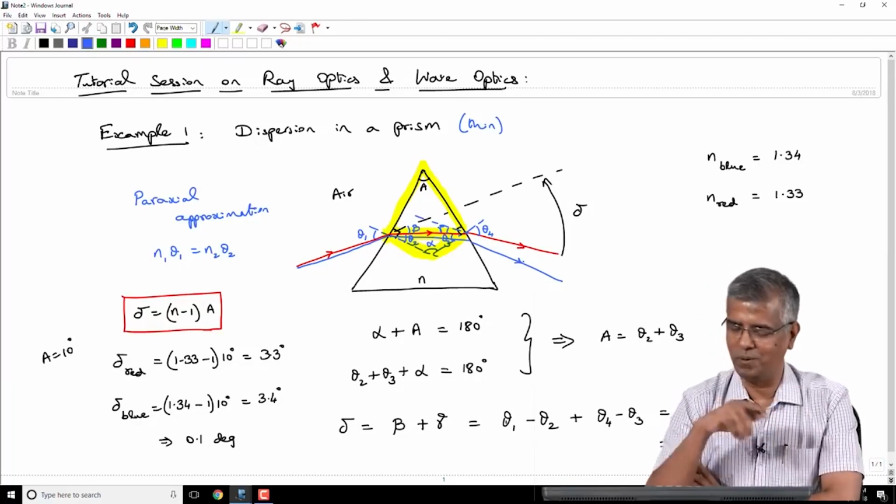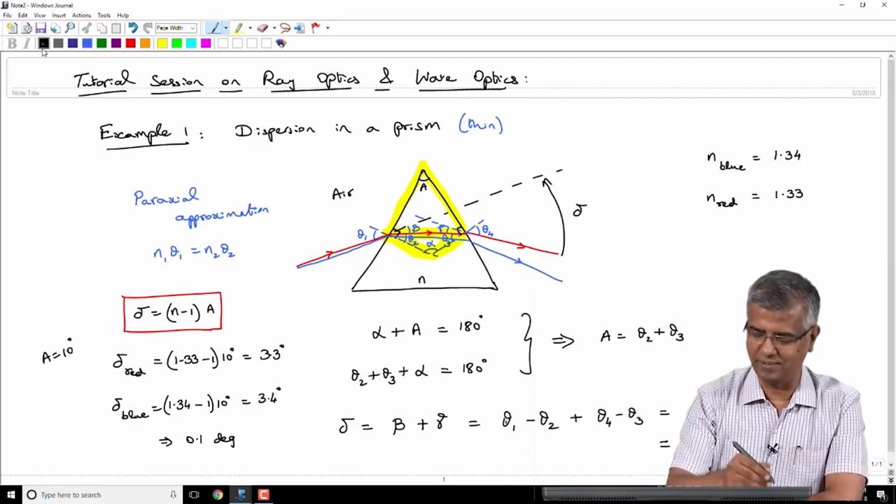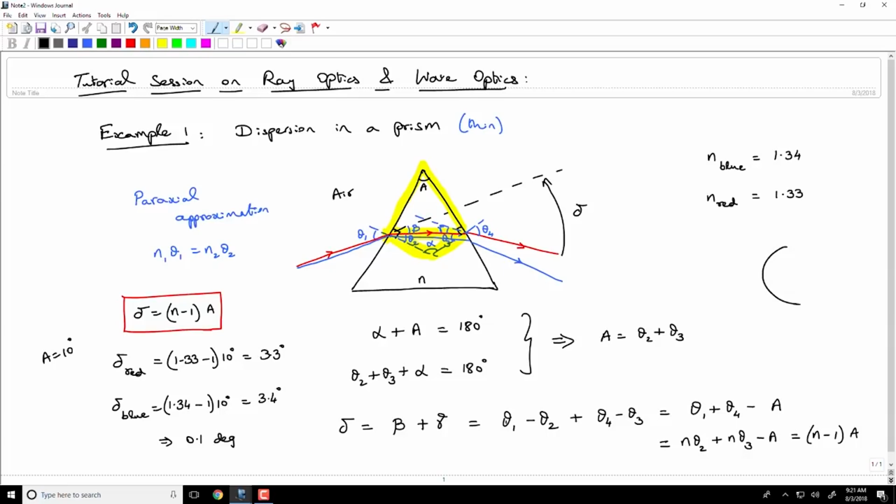To give you a feel for that, the rainbow happens because your water droplet is slightly spherical in shape, and the sunlight goes through this, undergoes total internal reflection, comes out and scatters out this way, and so we see this light and we see a rainbow.